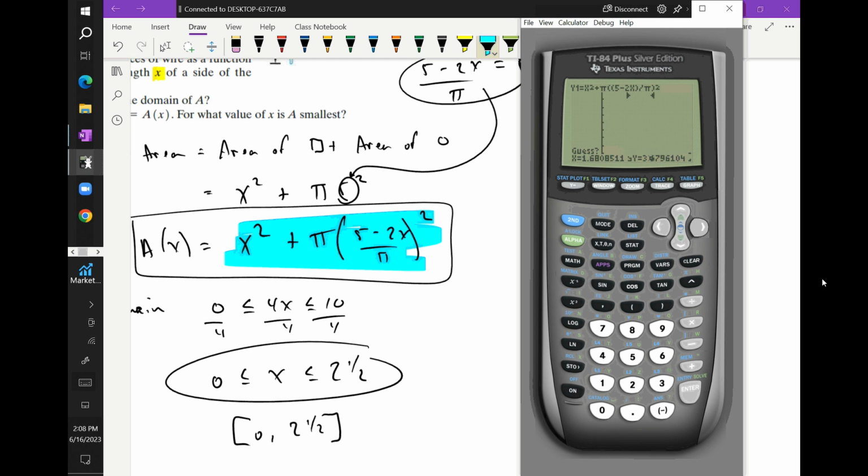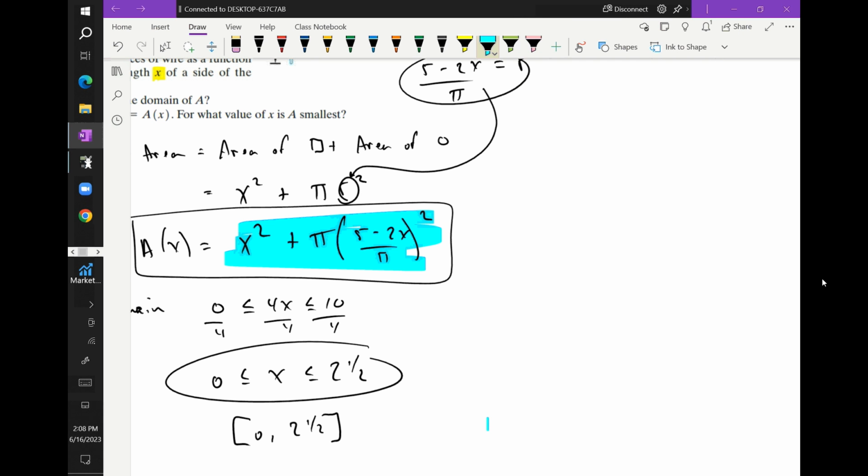Once they start counting back up, let's leave that. Press the enter key again, and what we end up with is a minimum value at about x equals 1.4, and our smallest area is about 8.5. So our minimum value is when x is 1.4.